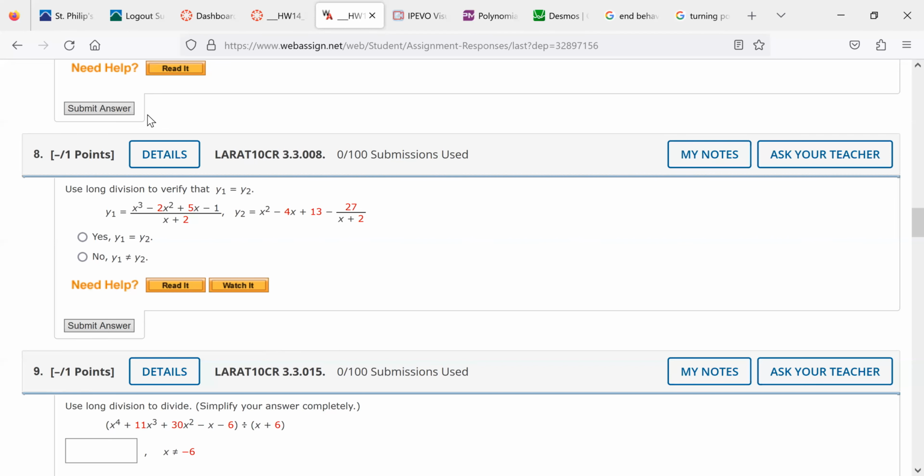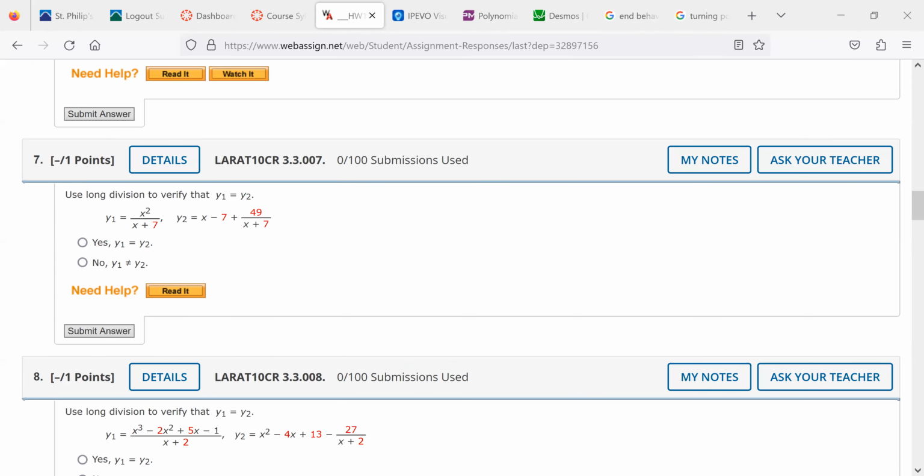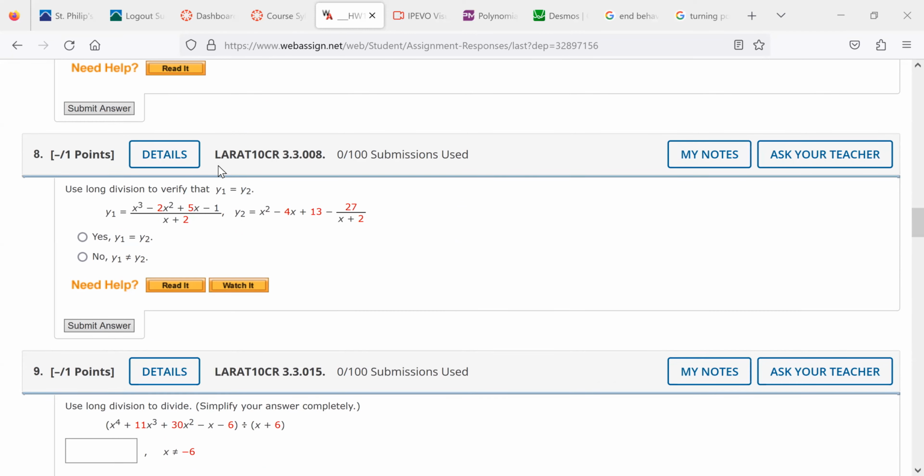Okay, we'll start this in just a moment. First we'll divide with the actual numbers, and then we'll do the real one. Let's do number 8.